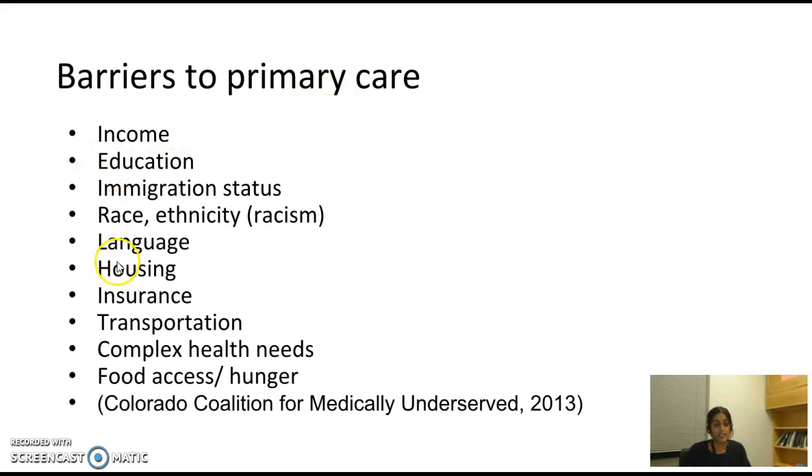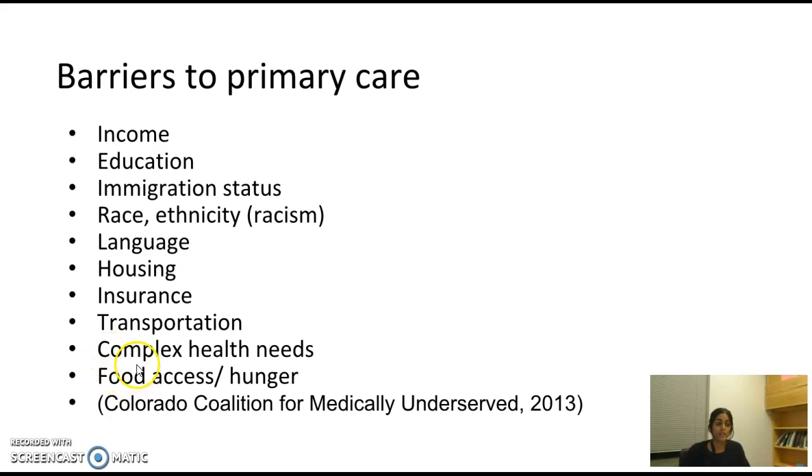So it could be any of these: language, housing, having health insurance, or having a job that gives health insurance. Transportation is a big one that they mentioned in the video. Complex health needs.